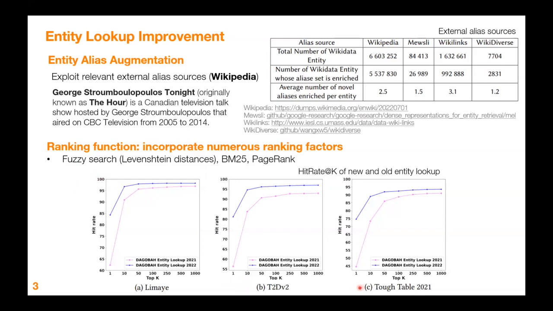And clearly, the lookup with alias enrichment and complex ranking function outperforms the other by higher hit rate, and it approaches the upper bound on the capacity much faster. And looking at the blue curve, within only K equal to 10 candidates, the performance is already competitive with other larger Ks.